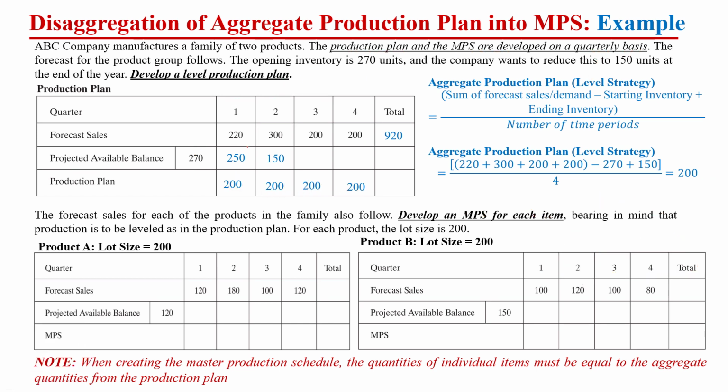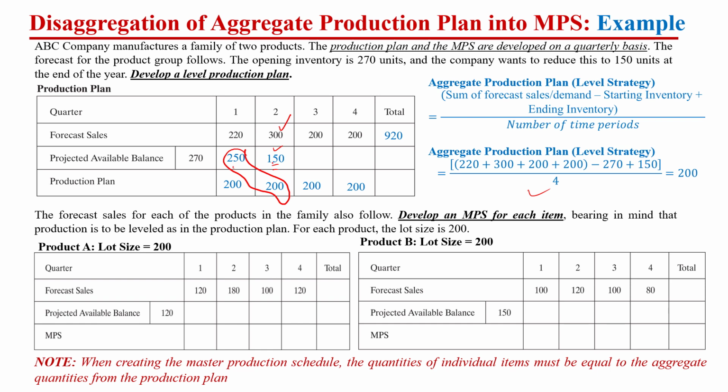Similarly we have time period 2, using the same equation which we have used over here. So in short, this is going to be 250 plus 200, which is 450, minus 300 is going to be 150.